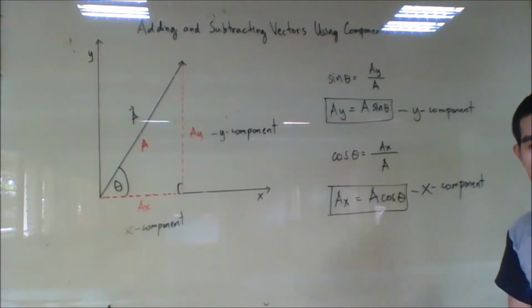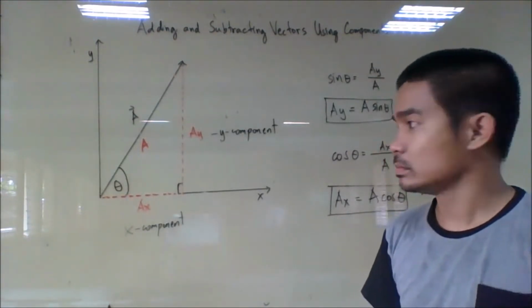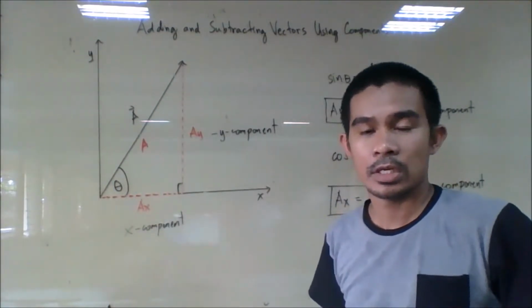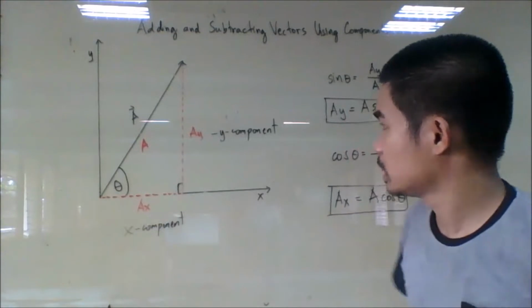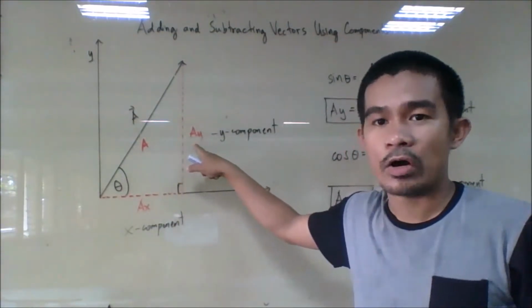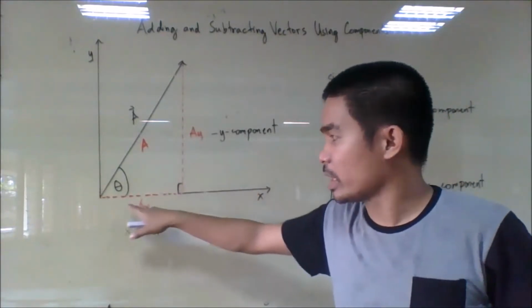But how about the magnitude of vector A? Using the Pythagorean theorem, the square of the hypotenuse is equal to the square of the leg plus the square of the base.